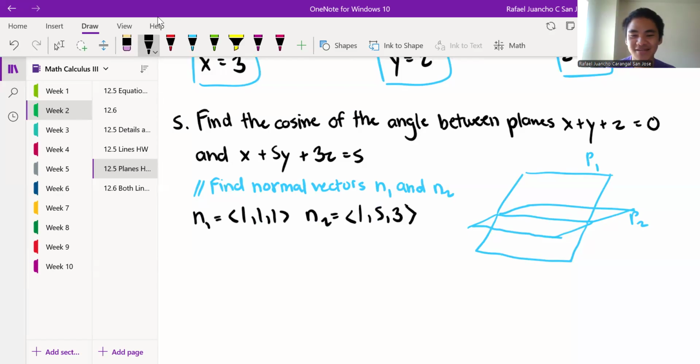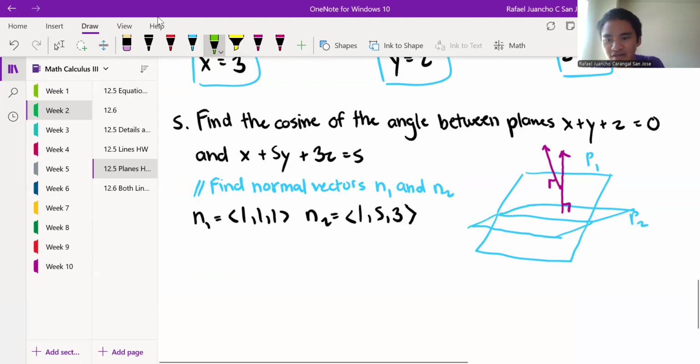Okay. So what does that mean? Well, let's say we have a vector that goes up there. Then we have another vector that goes up here. Like that. Would you look at that? They have an angle here, theta. And there's a property that says that angle is similar to this one.